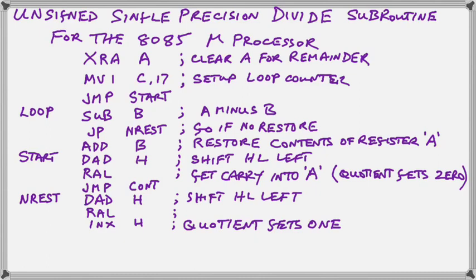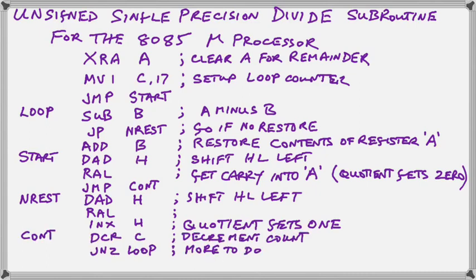So basically the quotient comes into the right side of the HL register pair as the dividend moves out of the left end of it. So we start with the dividend in HL and we end up with the quotient after all the bits have been shifted out.